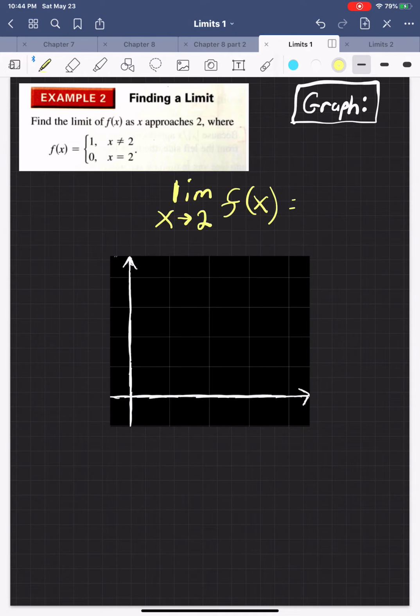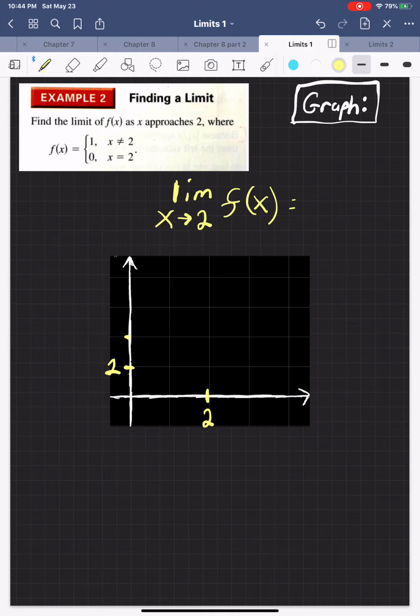All right, well, let's just say that this is 1, and we'll do it by tick marks. So we'll say that this is 1, and we'll say this is 2. Okay. So here it is.